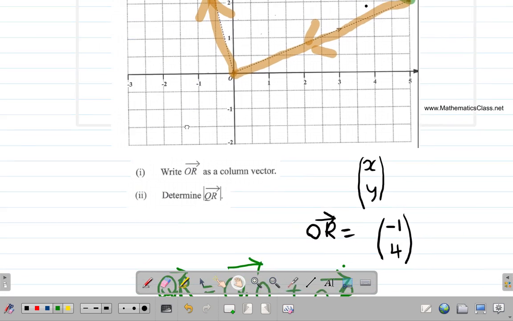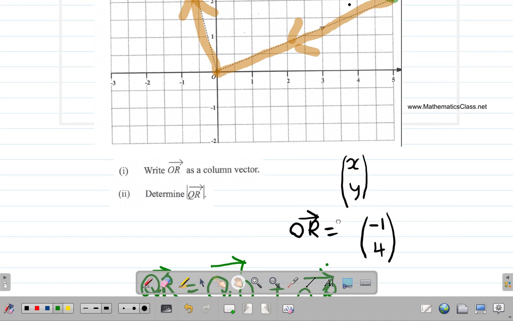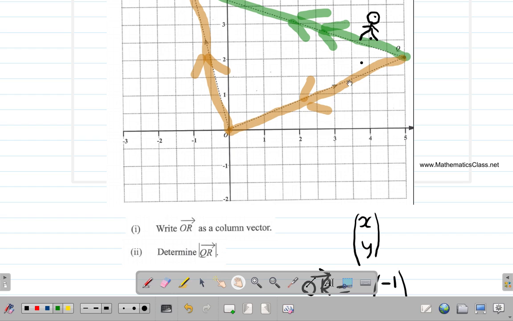Now, when you do that, you have to say QO is equal to negative OQ.